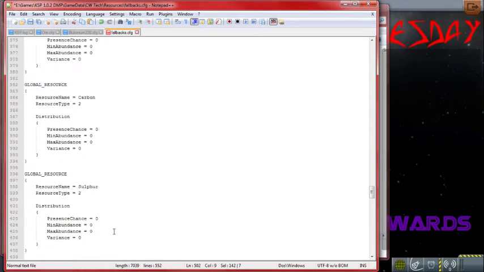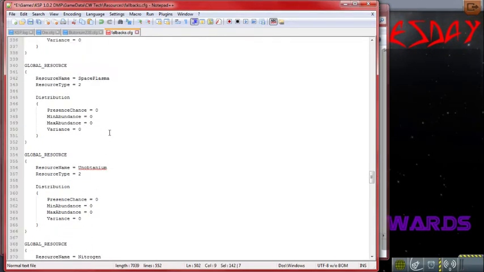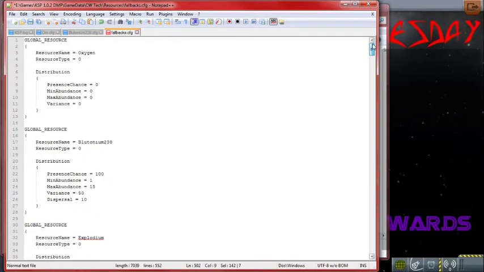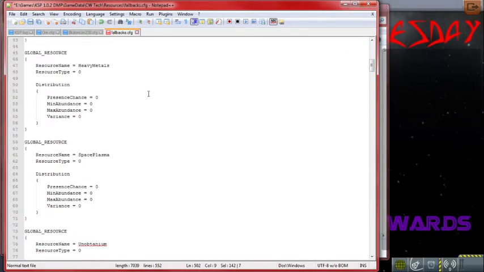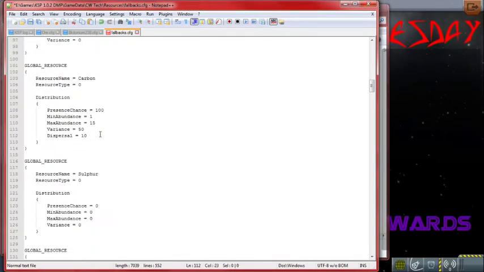So going back in here, we have a few globals set up. That is basically a catch-all. So on all the planets that we don't specify, it gets the global resource because it works on a hierarchy system.